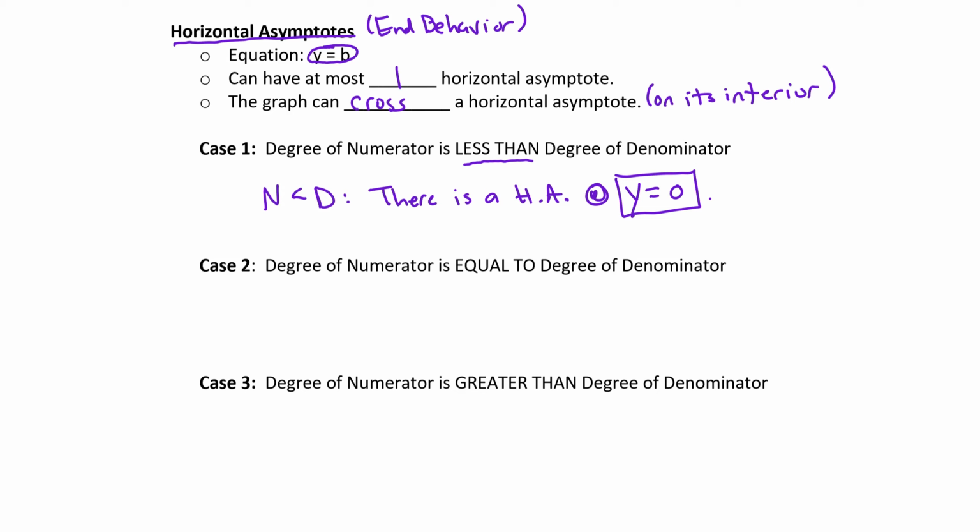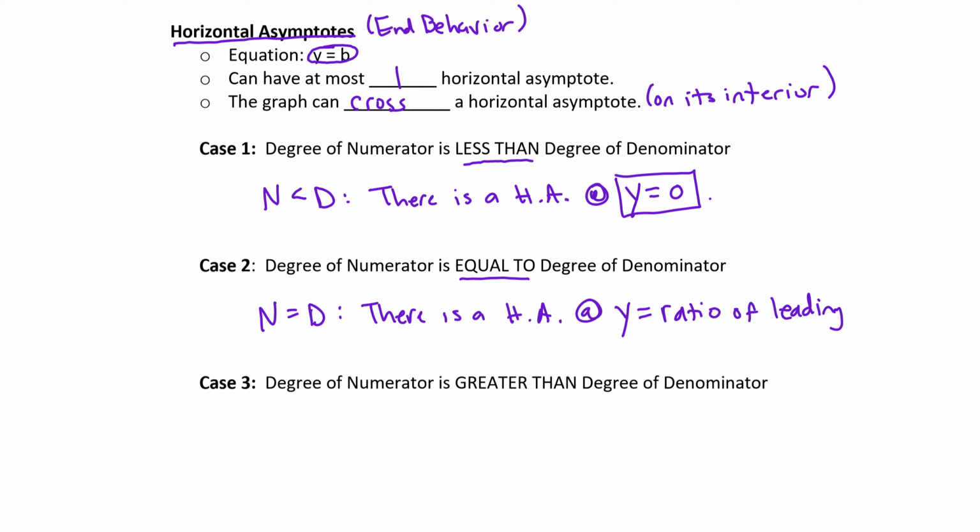Second case, the degree of the numerator is equal to the degree of the denominator. So if the top and the bottom have equal degrees, then there is a horizontal asymptote at y equals the ratio of leading coefficients.